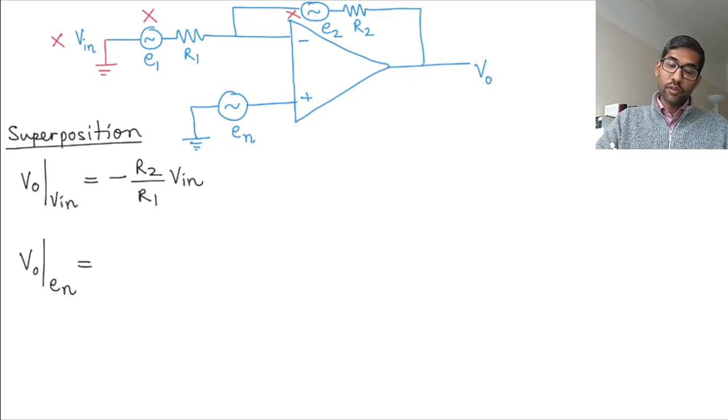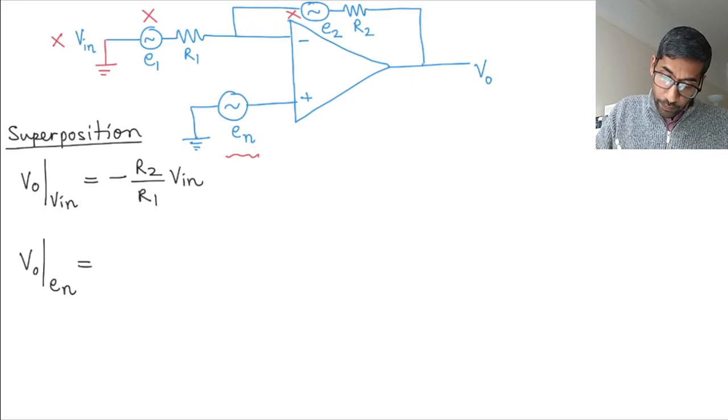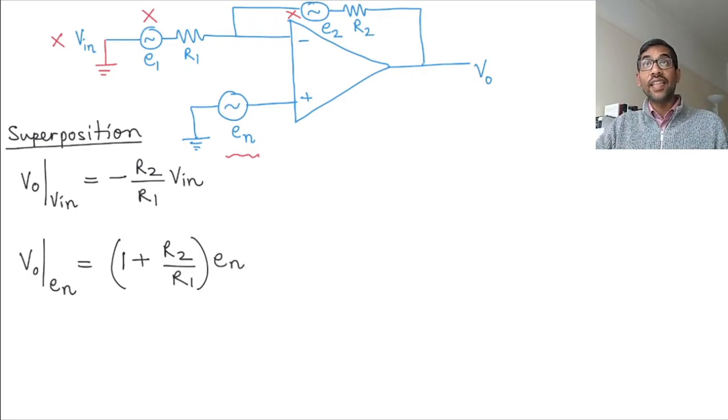Of course E1 is not there, E2 is not there, only En is there. So what does the output become? You can easily see that if you are only considering En, switching off E1 and E2 and grounding this, that becomes a non-inverting configuration. So what you get is 1 plus R2 over R1 times En. That's the noise at the output because of En.